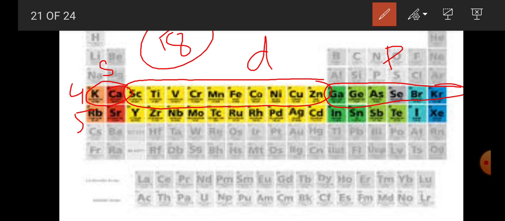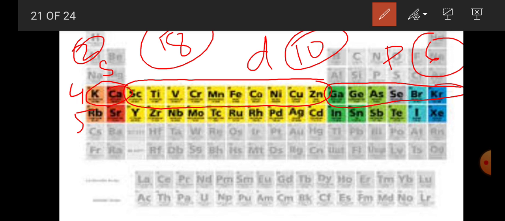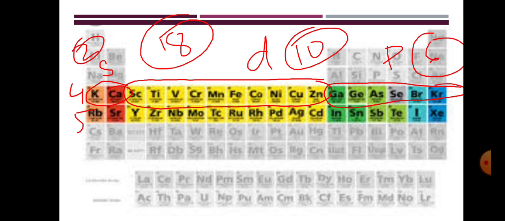So we discussed that the S, P and D orbitals make up the 18 elements: 2 are the S block, then 10 are the transition elements, and 6 are the representative elements. The fifth period also consists of the S block, P block and D block, and has 18 elements.